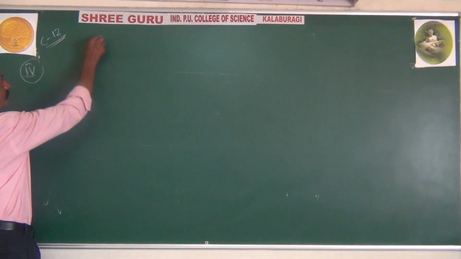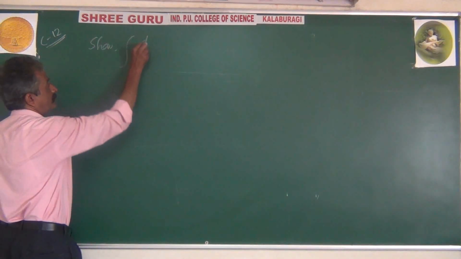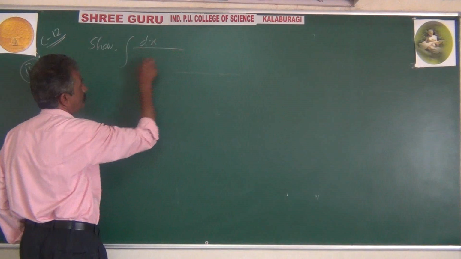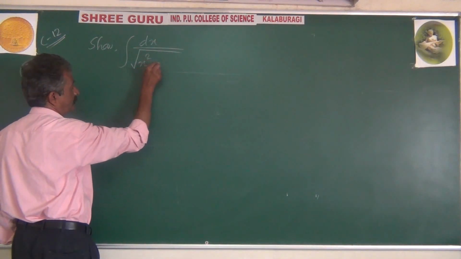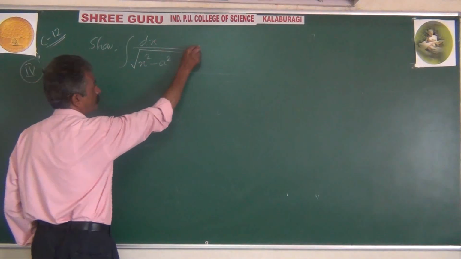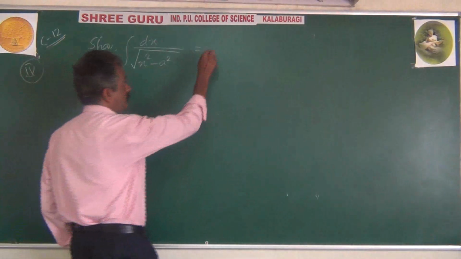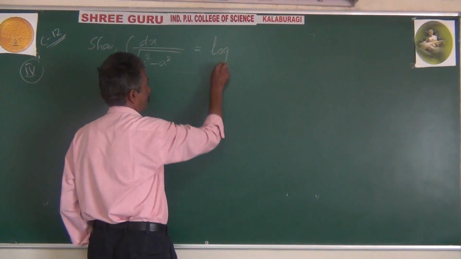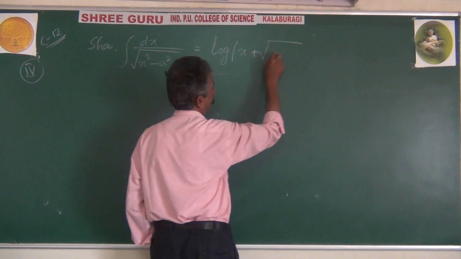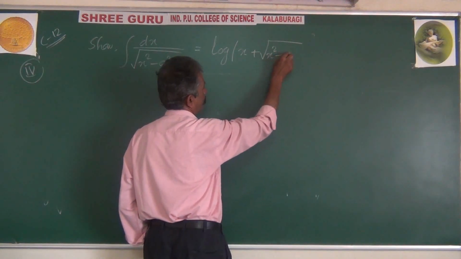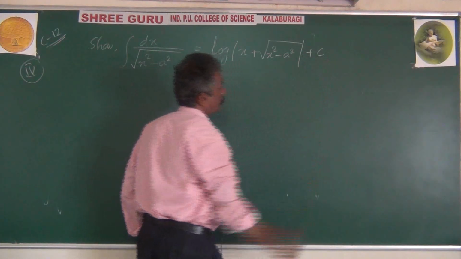Show that integration dx divided by square root of x square minus a square equals log of x plus root of x square minus a square plus constant c.